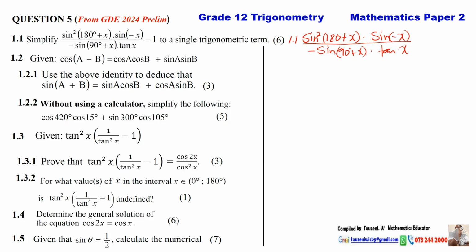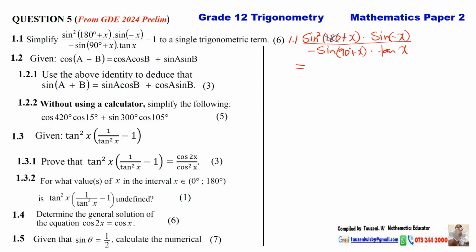If you get an expression in which there is 180 plus theta, like we have already explained, the 180 falls away. Always, you remain with x only. That's the reduction formula.